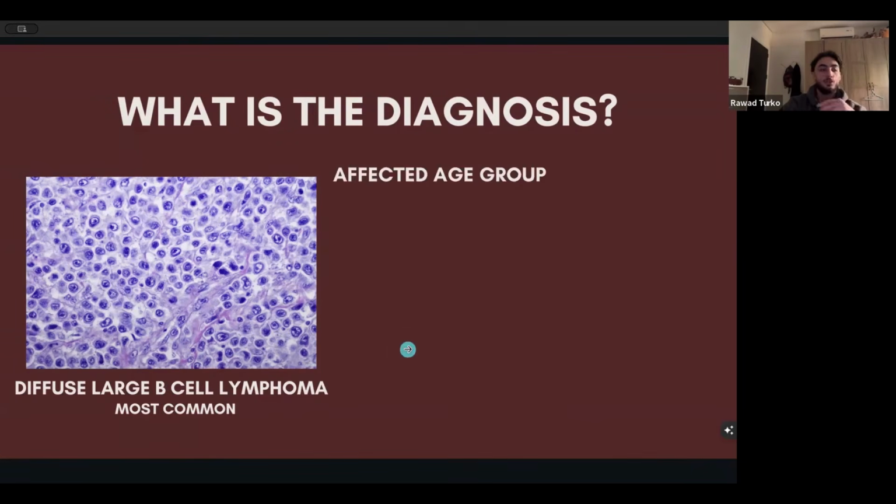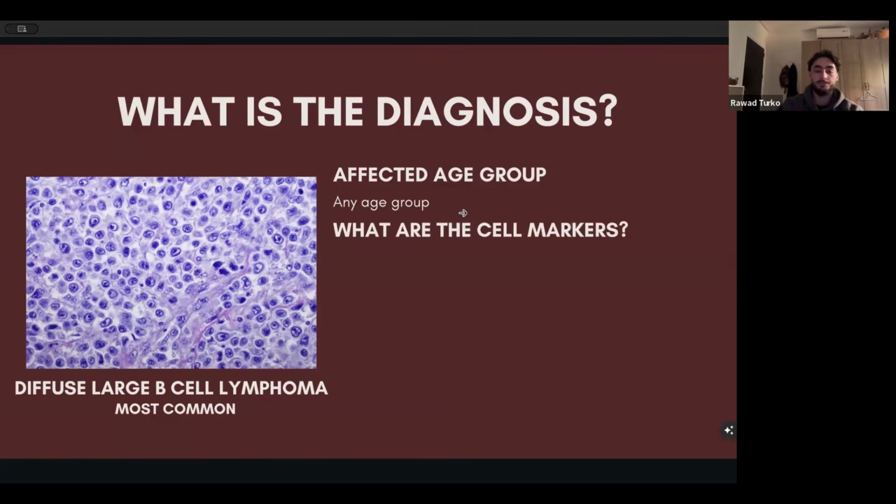So what's the affected age group? Could be any age. In younger ages or children, diffuse large B-cell lymphoma is associated with EBV. But in older patients, it could be secondary, a progression of CLL, for example, or a progression of follicular lymphoma. A lot of these can eventually progress to diffuse large B-cell lymphoma.